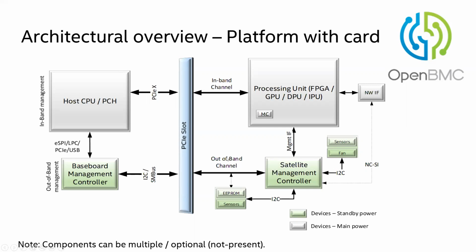We will be able to access through this channel, and without the host CPU powered on, you will be able to reach or control or achieve certain things from the add-in card management controller. That is what we are calling it here. And as I said, all components do not need to be mandatorily present in an add-in card, based on your card. Sometimes there are cards which don't even have a satellite management controller.